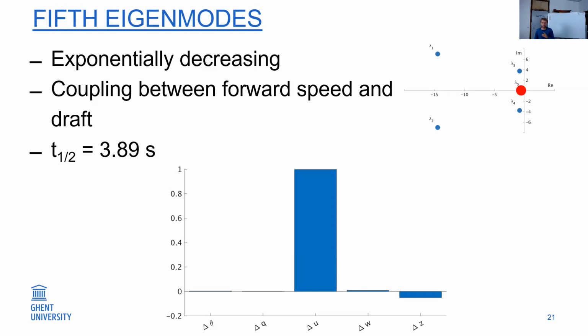Then the fifth eigenvalue is a real eigenvalue, so it's exponentially decreasing, and it's a coupling between the forward speed and the draft. It's something we expect: if there were suddenly a small disturbance which increases the speed of the vessel, then we would expect more lift, and therefore the craft will have a lesser draft.